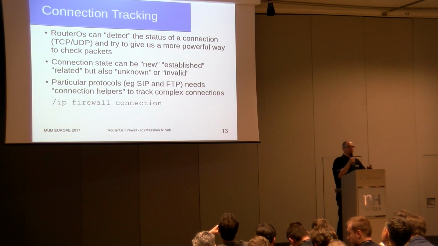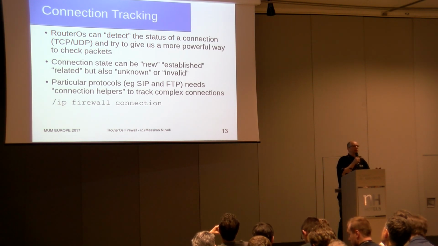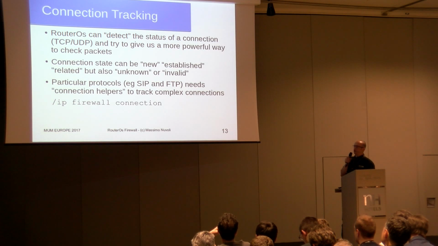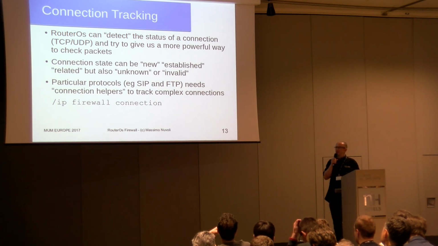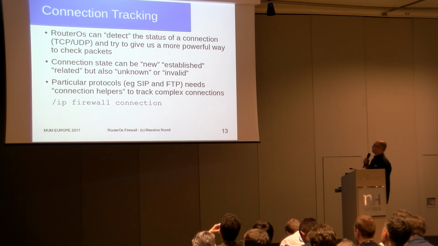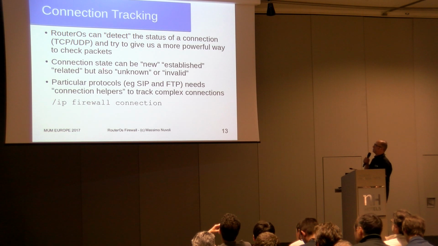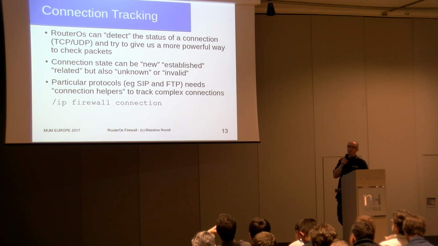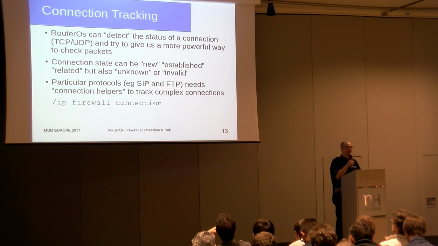In TCP, there is a logical connection. In UDP, when you open a UDP connection, you have a connection. Well, there is no state, but in a TCP connection, you also have state. In connection tracking, there is this kind of description: every connection can be new, established, related, but also unknown or invalid. I stop here because this is a more complex argument to explain here.